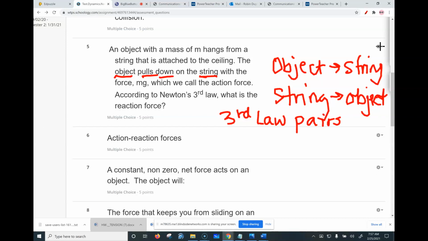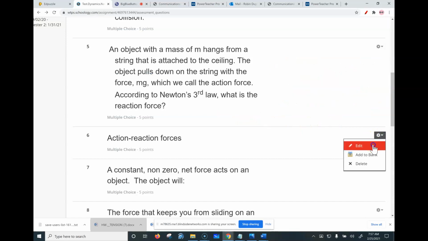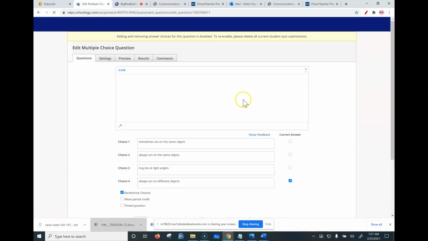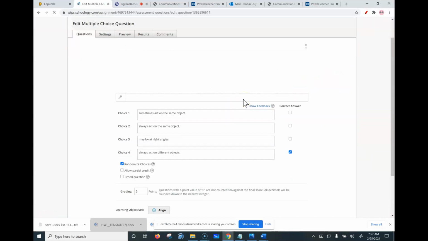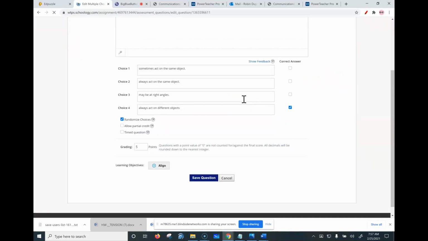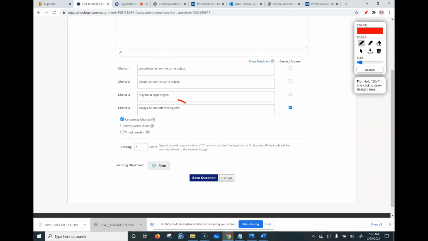And we're still going to talk about action-reaction pairs in the next one. Action-reaction forces are always acting on different objects. So let's look here. Yes, they're always going to act on different objects.